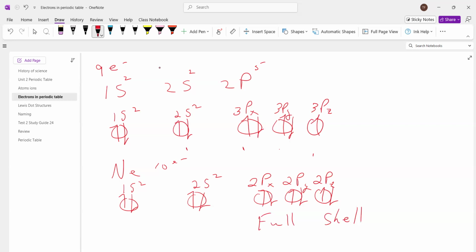Super, super stable. No singletons. And all the noble gases have the same valence setup. And that's why the noble gases are so stable. And yes, you can be tested on this. So make sure you understand that, why there are no singletons.